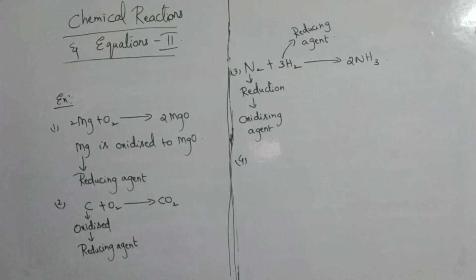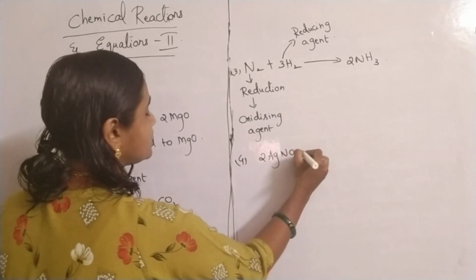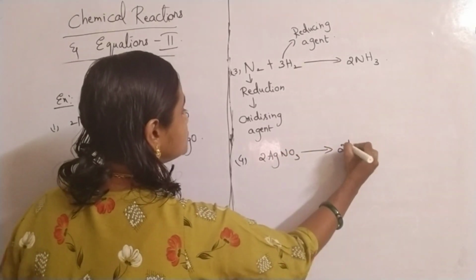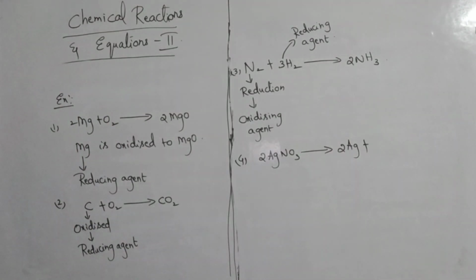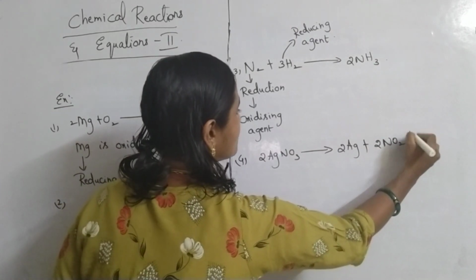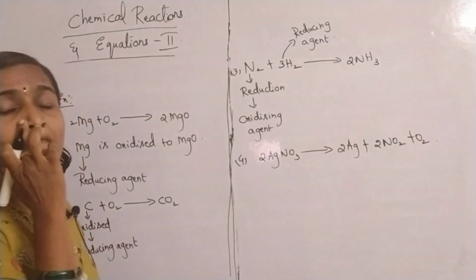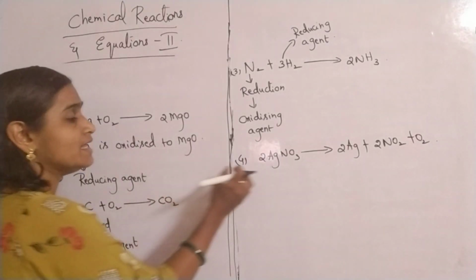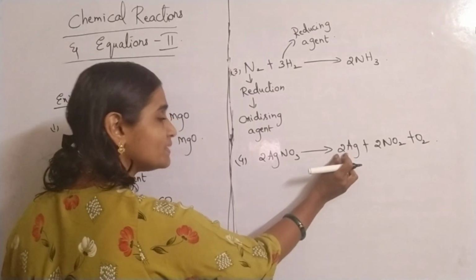2AgNO3 gives rise to 2Ag plus 2NO2 plus O2. Here what happened to AgNO3? Look at this. AgNO3 is turning into simple Ag only.